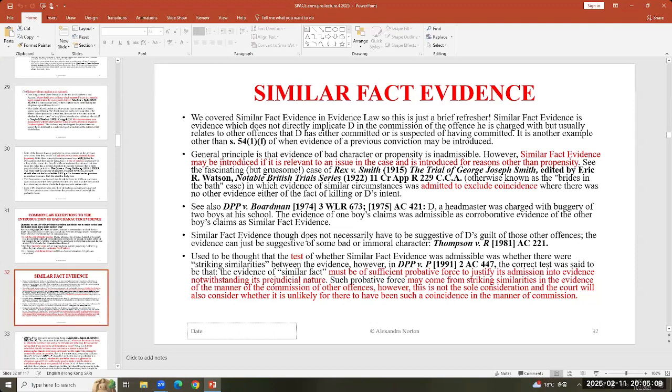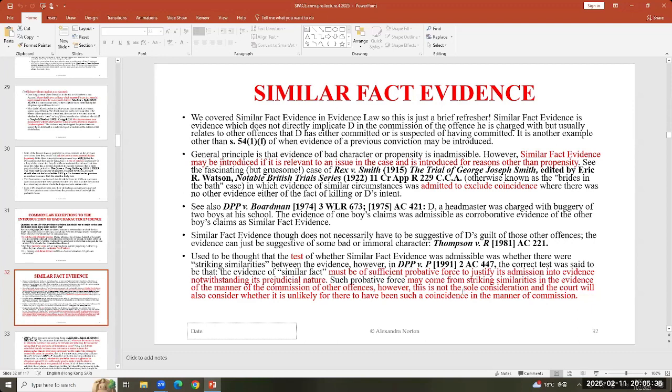And then we went through these cases like Boardman and Thompson as well. Remember that the original test used to be whether there are striking similarities in the manner of the commission of the offense. But now the leading test in the UK is DPP v P. So is the similar fact evidence of sufficient probative force to justify its admission, even though it is of prejudicial nature?